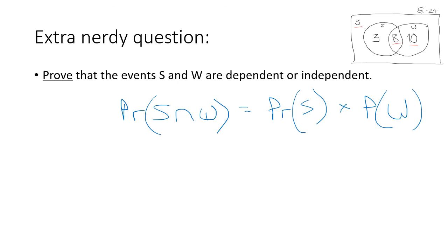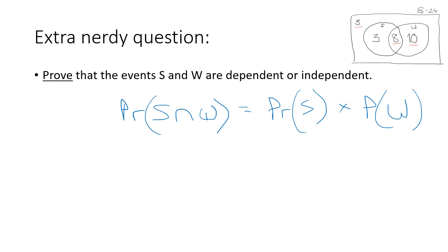Say you toss a coin, you're going to have a 1 in 2 probability of getting a head, and then you toss another coin and you've got the same probability. If you toss 2 coins, you've got a 1 in 4 chance of getting 2 heads, which is 1/2 times 1/2. So that's a nice example of how that works with independent events.